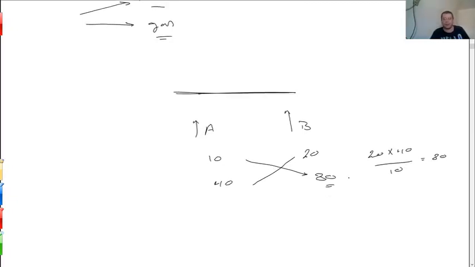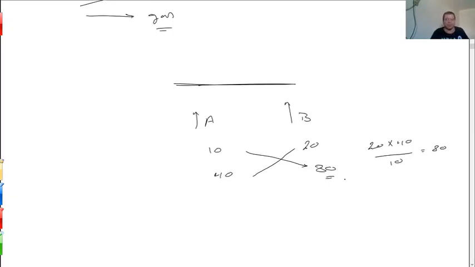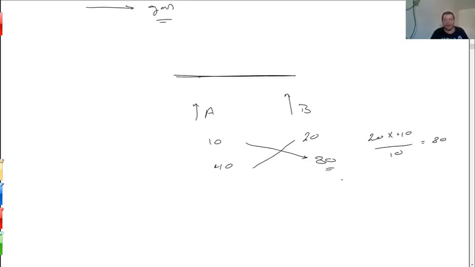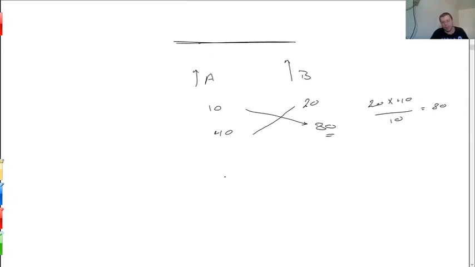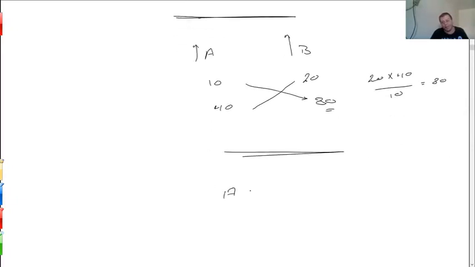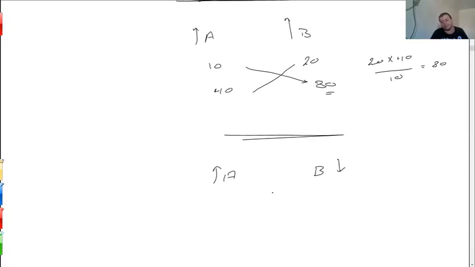The kind of proportionality we have today is inverse proportionality: the rate of diffusion is inversely proportional to the mass of the particle, which we can count as the molecular mass. If A is inversely proportional to B, then by increasing A, B will decrease.